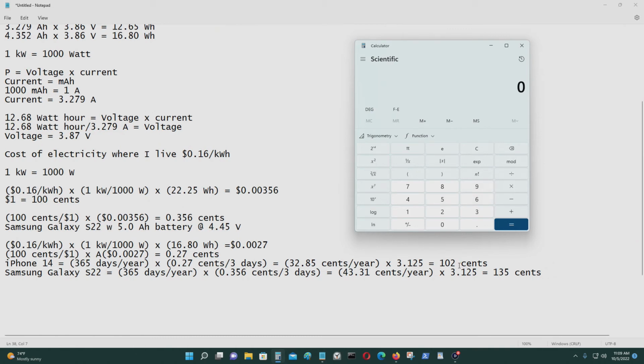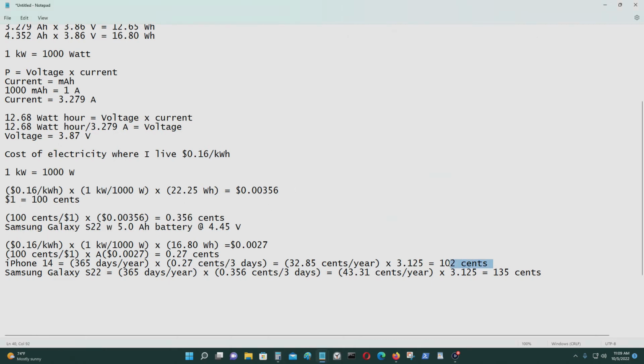The next thing we want to figure out is how much it would cost you to charge this phone for a year. So for now, we'll be starting with the iPhone 14.